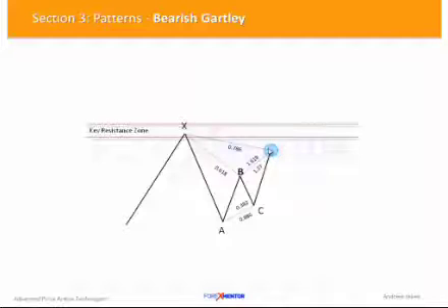And we're looking for a move to the downside. So this point right here, this highlight area, we label it point D. And the way I like to trade this pattern is a limit order at the 79 retracement with a stop loss above point X, looking for a move to the downside. Important thing with this to note is the key resistance area from the higher time frames.